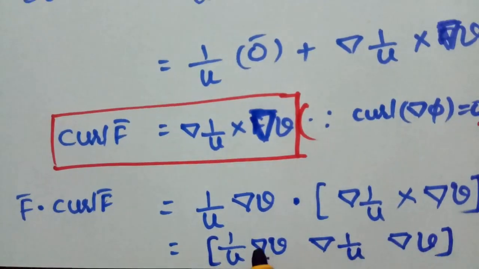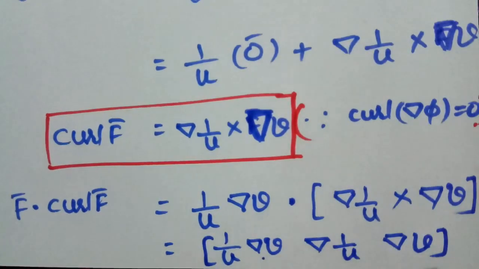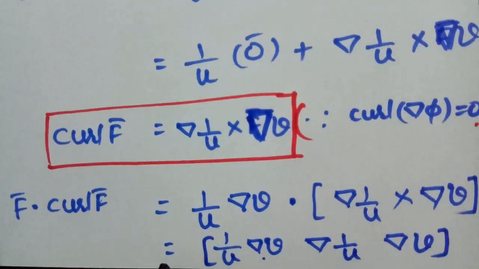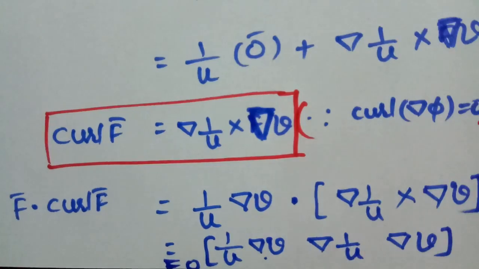Therefore, since the two factors are same in this scalar triple product, this value becomes 0.